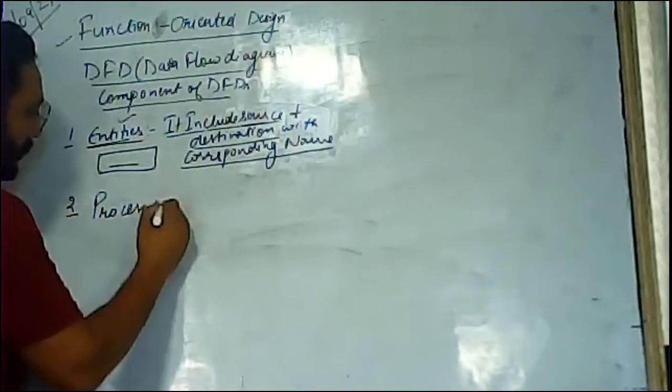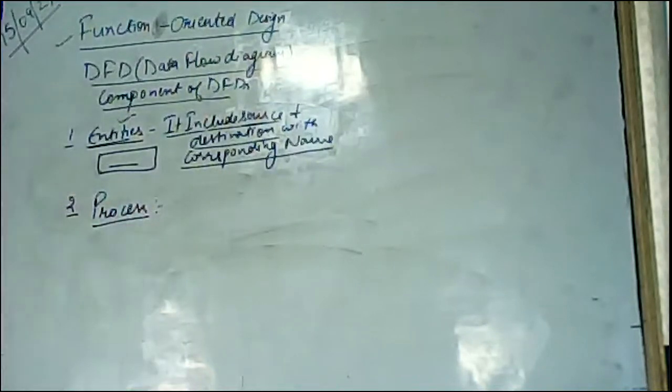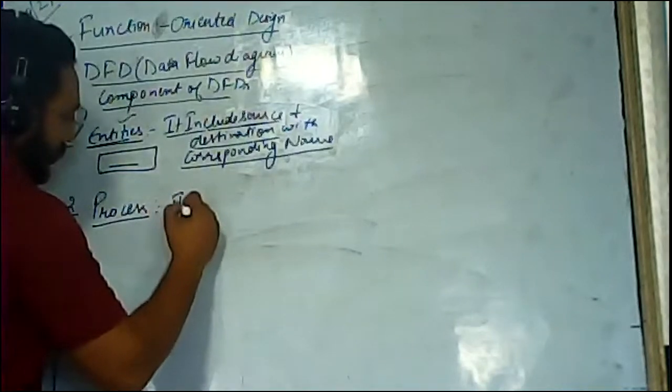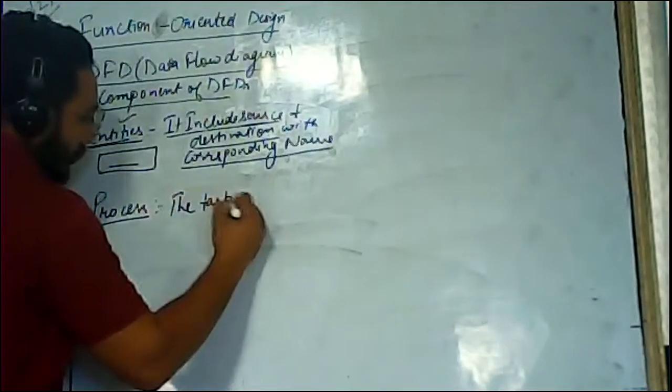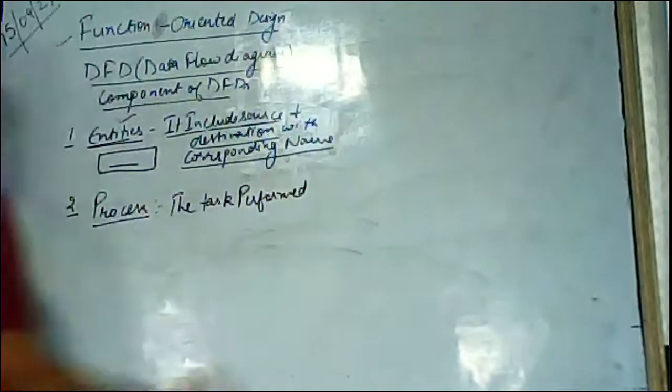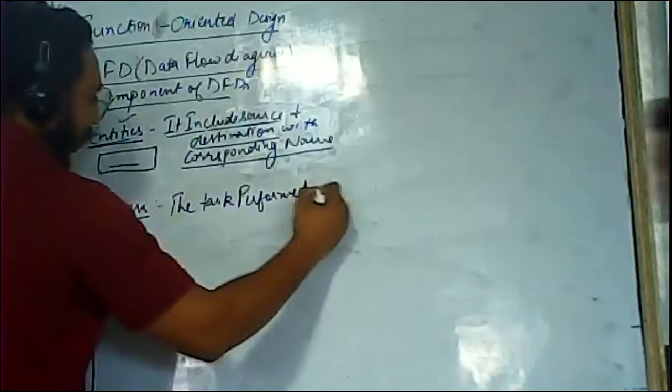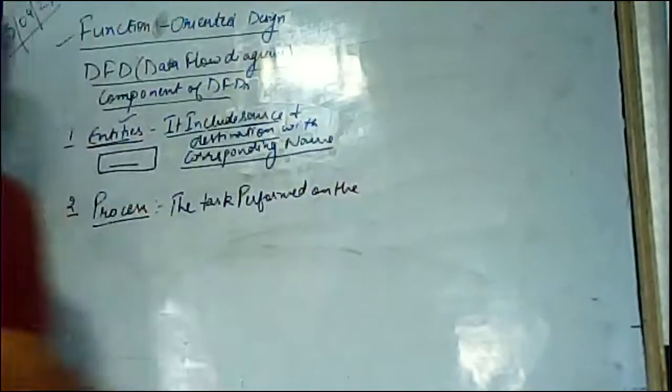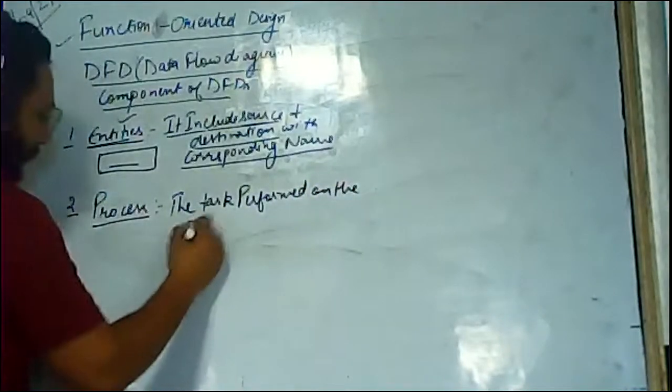The next symbol or next component that is used in your DFD is process. This is used for the task performed on the data.